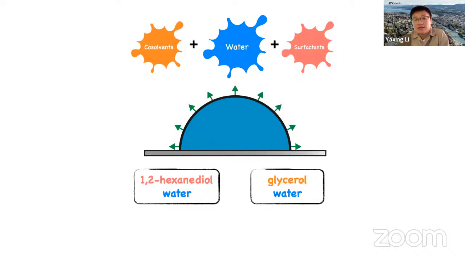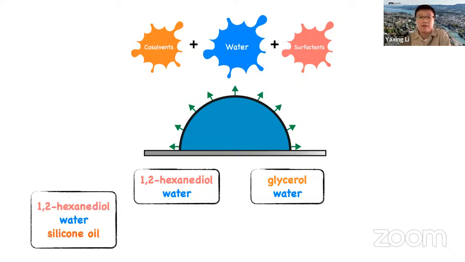The second one we study is glycerol plus water. Glycerol is taken as a co-solvent, also widely used in ink drops, and it also doesn't evaporate. So with these two binary systems, we even simplify the system by having only water evaporate. Then, by understanding these two systems, we gradually increase the complexity from binary to ternary.